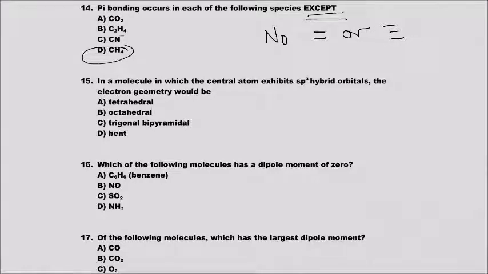All right, 15. In a molecule, which central atom exhibits sp3 hybrid orbitals? For sp3 hybrid orbitals, I need a central atom, and I need to have 4 things around it. So let's think, what are the choices?